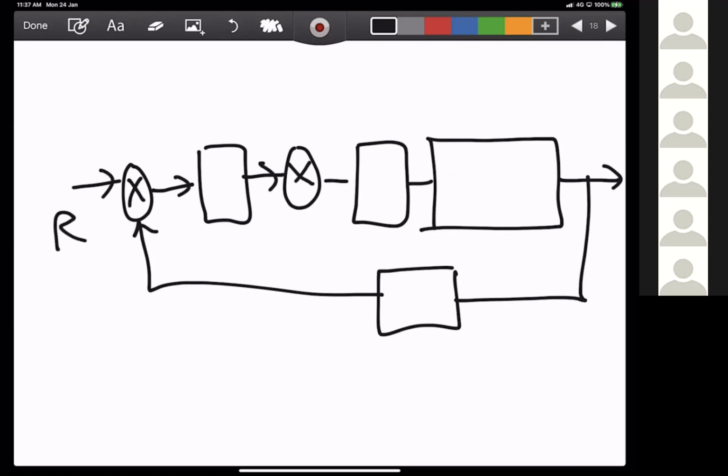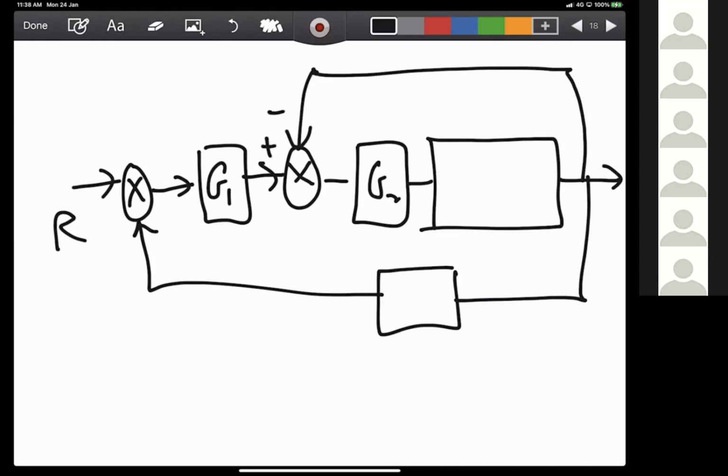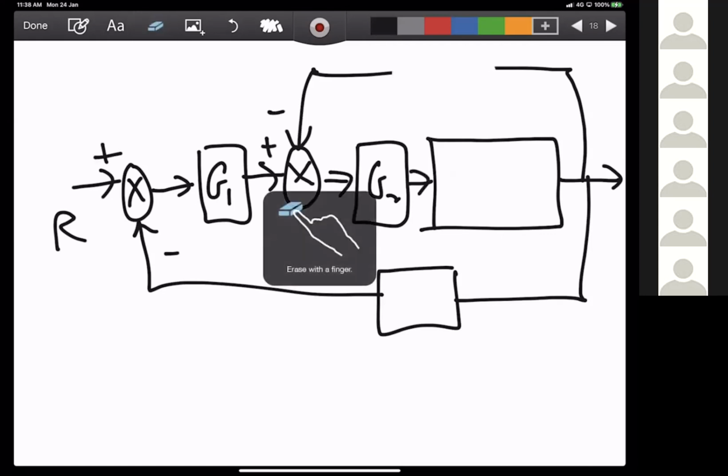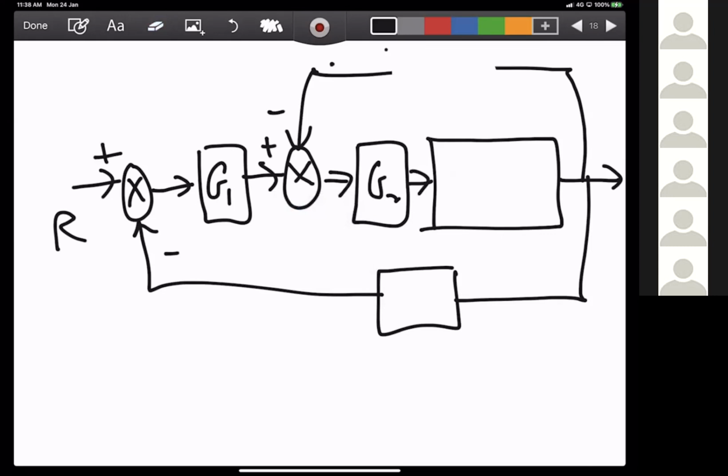Faham? G1, G2, okay. Fatihah, what's inside the box?